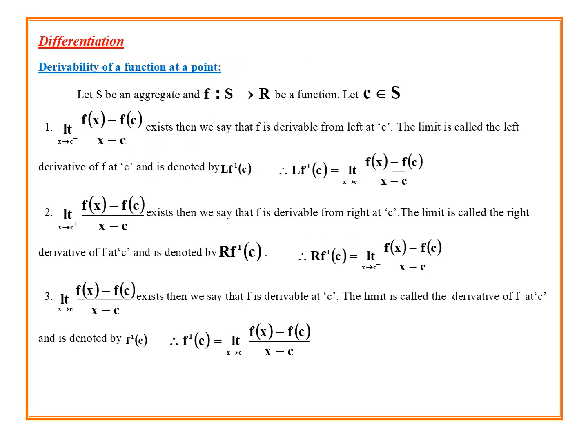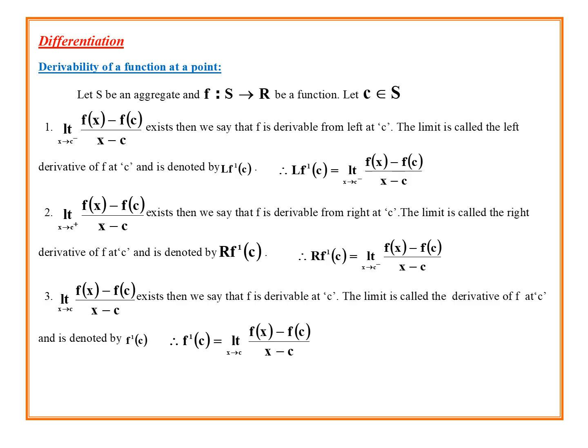Now I am going to teach the definition of differentiation. Derivability of a function at a point. Let S be an aggregate and f is a mapping from S to R, a function. Let c belongs to S. First one, limit x tends to c minus of f of x minus f of c by x minus c exists.